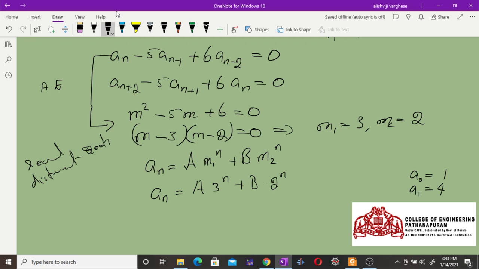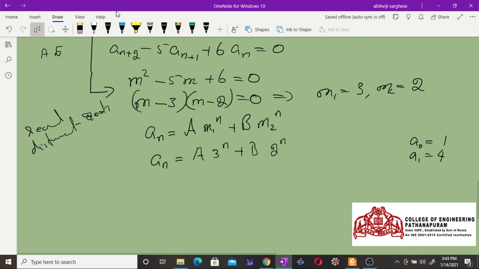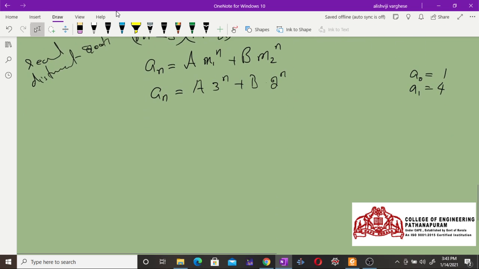Since a0 is equal to 1, we substitute n is equal to 0 in this particular expression. When n is equal to 0, 3 raised to 0 is 1, 2 raised to 0 is 1, so it is a plus b is equal to 1.